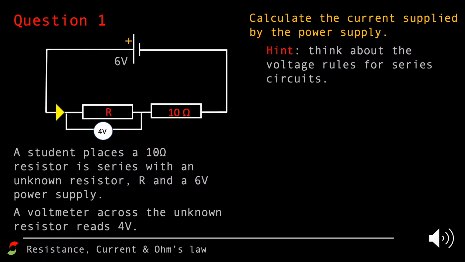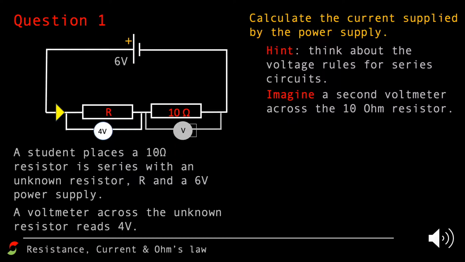So the thing here is you've got to think about voltage rules for series and parallel circuits. So if we were to imagine a voltmeter across the 10 ohm resistor, think about what that value is. We want to use the 10 ohm resistor because we know its value, but we don't know the potential difference across that 10 ohm resistor.